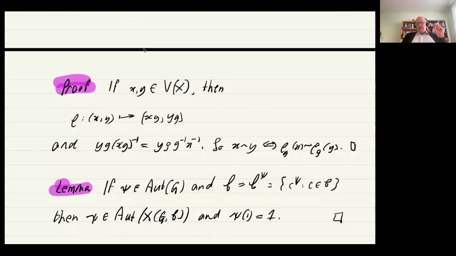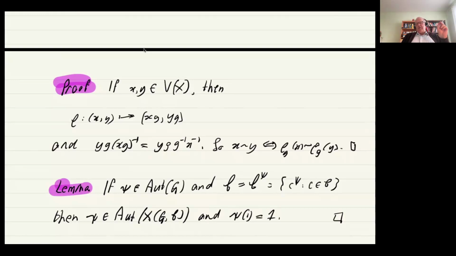And the map that takes g to rho_g is an isomorphism. So the group itself is acting as a group of permutations on the vertices. And there's an extra property that the only element of the group which actually fixes some point in its action is the identity. And so this group is what we call a regular permutation group.